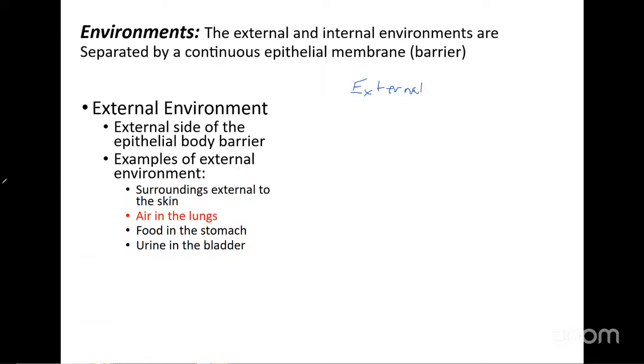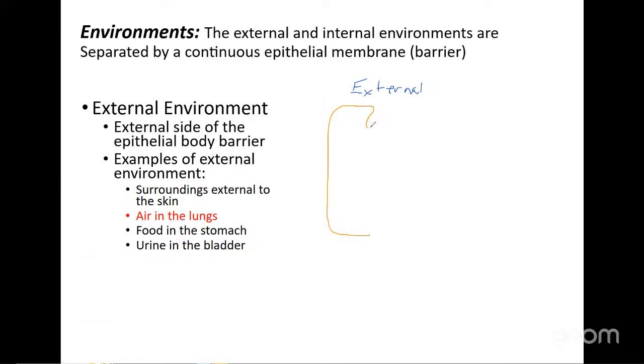Okay. And then we're going to have a separation from the internal environment. So we have our epithelial membrane, right? All the air outside of you is the external environment. All the cells inside your body are in the internal environment.